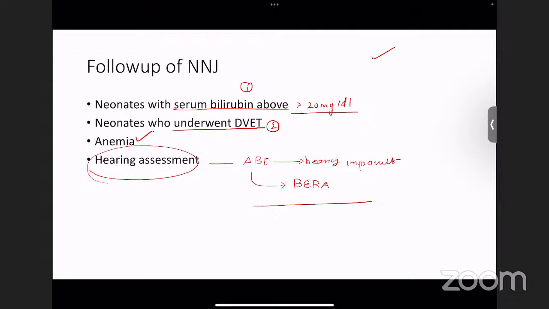Then we discussed the routine care of the newborn. Then we talked about breastfeeding. Then we also talked about preterm and low birth weight care. We discussed what the risk factors are and what problems are associated with preterm and IUGR, small for gestational age, and then what the feeding pattern and growth monitoring are, and what vitamin and mineral supplementation you have to do.